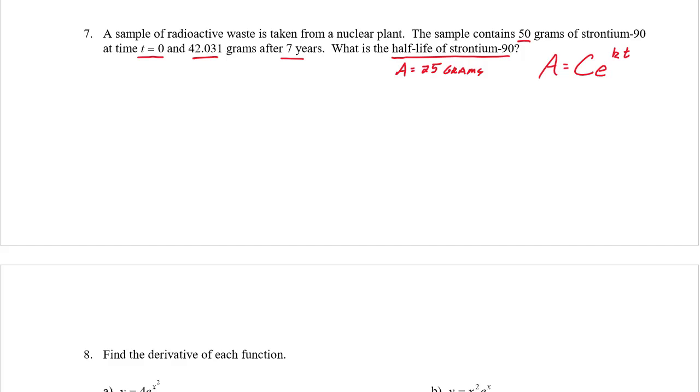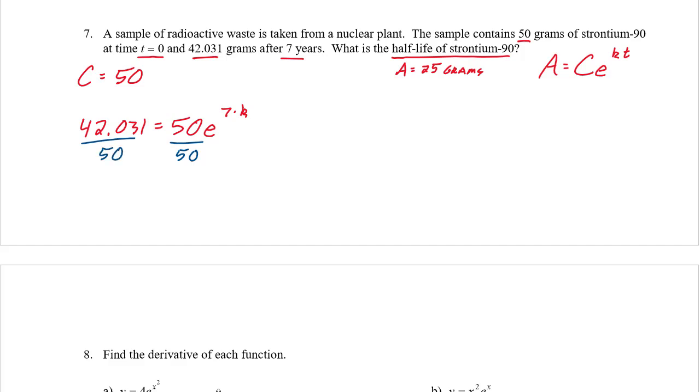So I know that I have 50 as the initial amount, so when time is 0, that kind of tells me that the C in this case is 50, so that's good. And then I should be able to set it equal to the 42.031 when my time is 7 years. So it's going to be 7 times k up in that exponent area. So kind of similar to what we had to do with the earlier problem, just try and solve this expression.